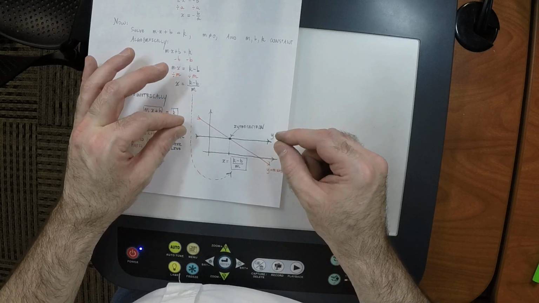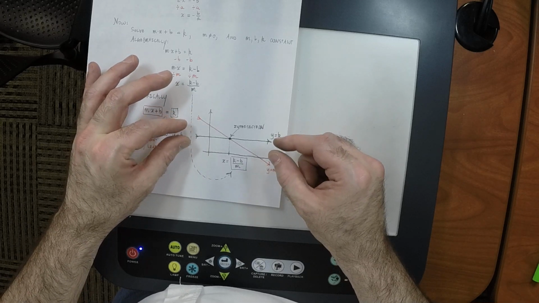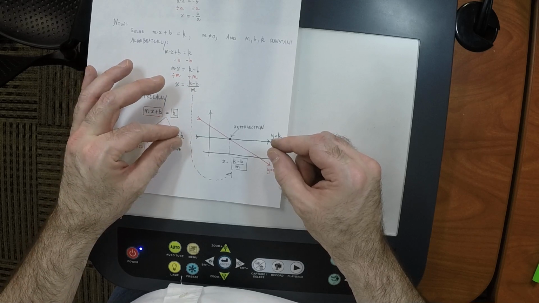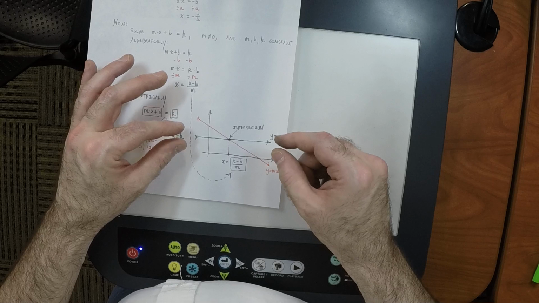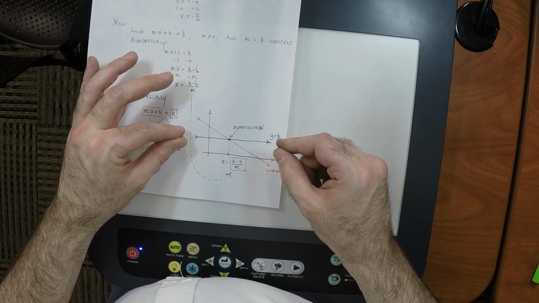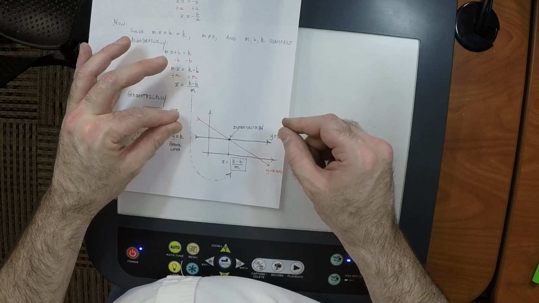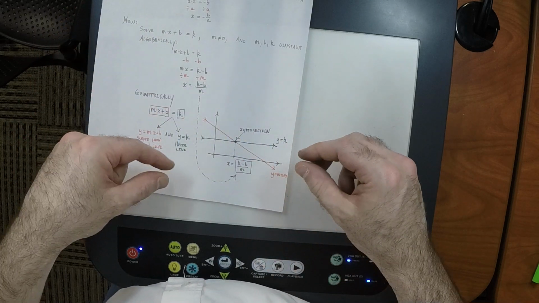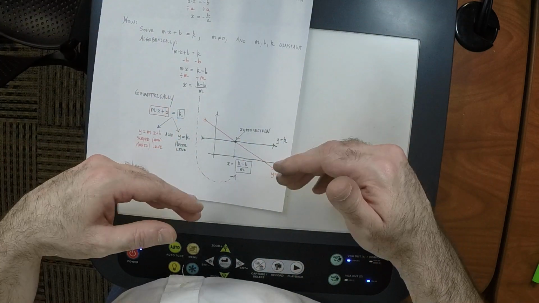So do you observe that I can put the green line anywhere I want, and there's always going to be an intersection. I can start raising the green line as high as I want, because the red line keeps going all the way up. I can never get the green line above the red entirely.